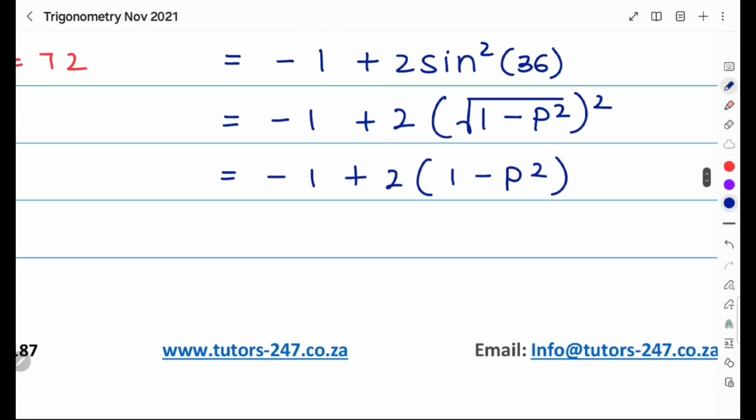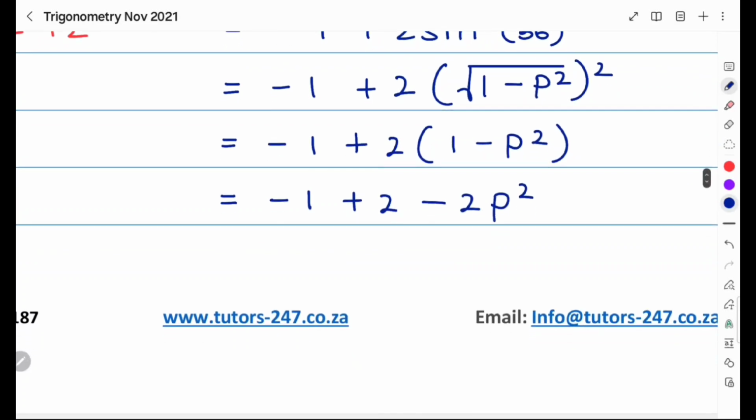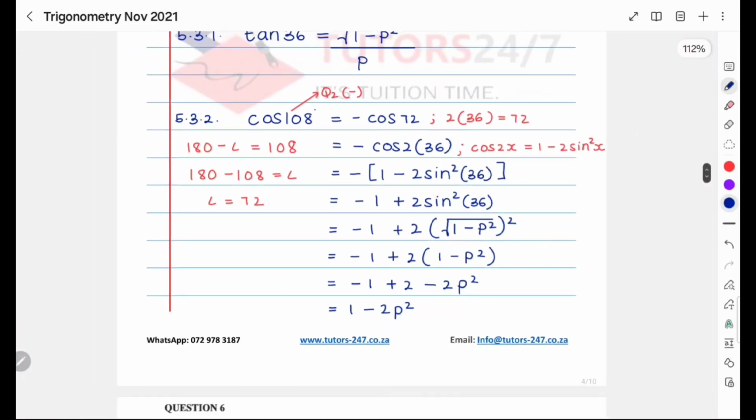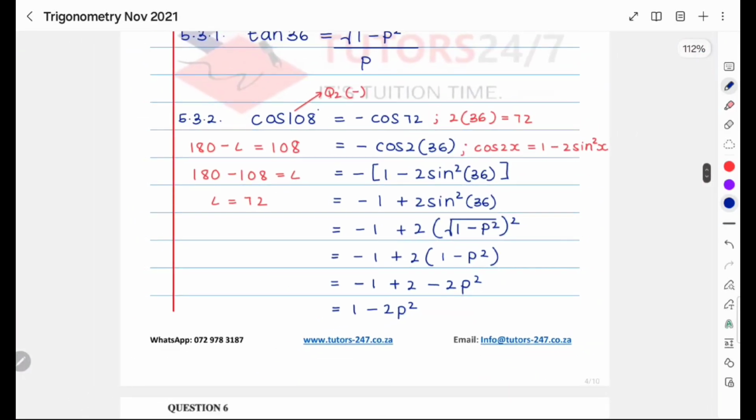From here we can distribute the 2 into the bracket, and we have negative 1 plus 2 minus 2p squared. From here, negative 1 plus 2, that is positive 1, leaving us with 1 minus 2p squared as our final answer. So that is it. It is 1 minus 2p squared.